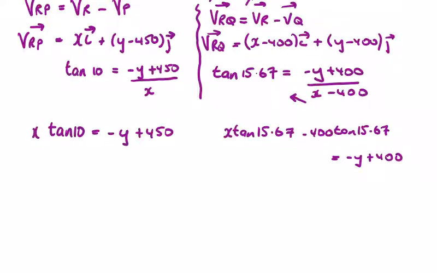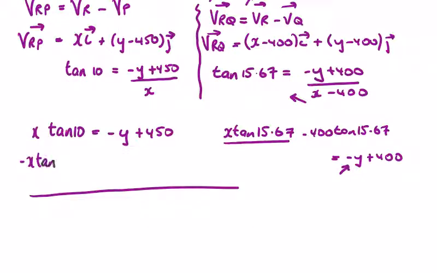So if we make all of these positive and put them over here, or change all the signs to get a positive y, we're going to get minus x tan 15.67 plus 400 tan 15.67.